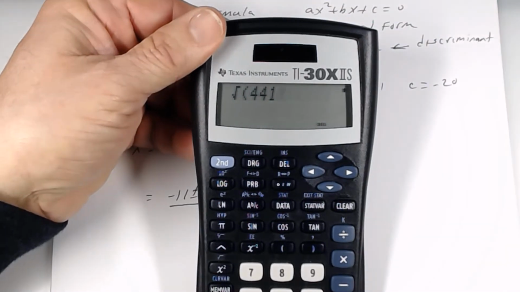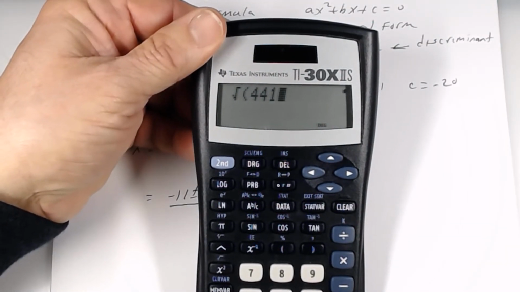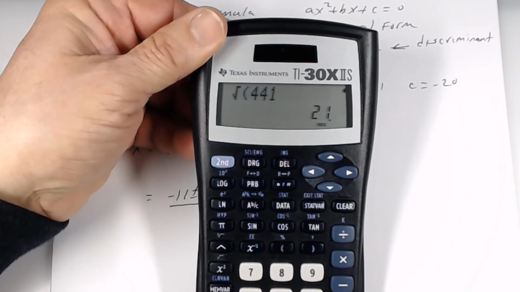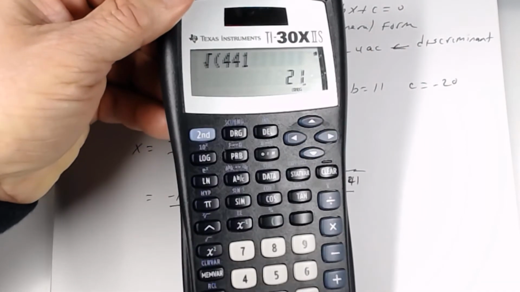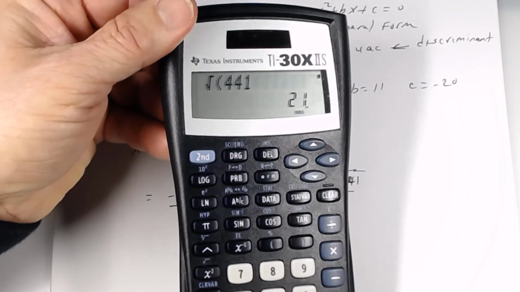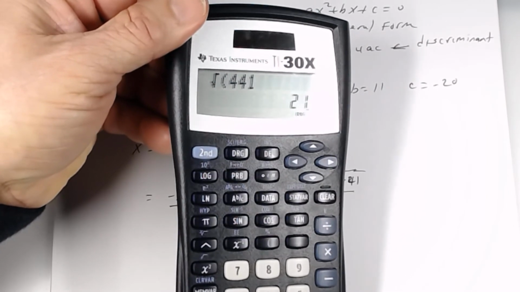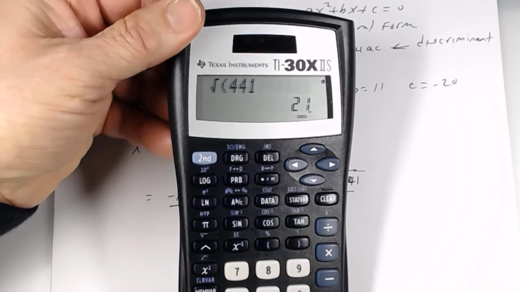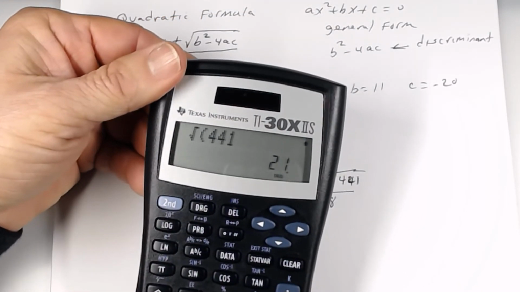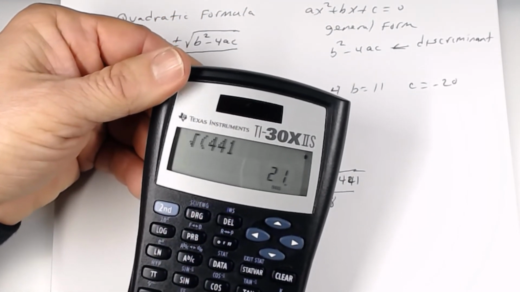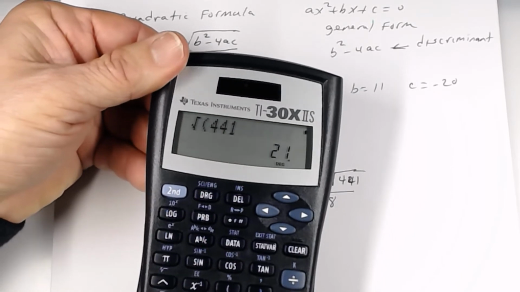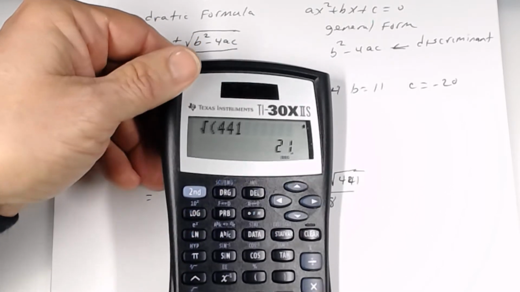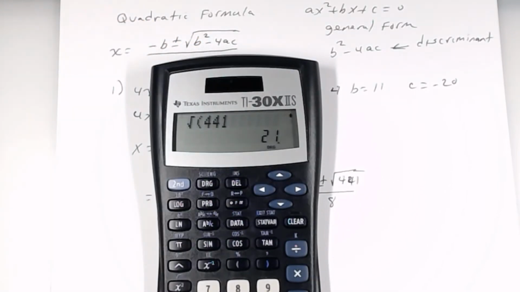Since it's just one number, I don't have to put parentheses. Just say equal. And what do you get? You got 3.3? You did something wrong. You should get what? Square root of 441. What'd you get? 21. You know it can't be 3 point something because first of all, what's 3 times 3? 9. And that's supposed to be 441, right? Okay. So did y'all get 21?